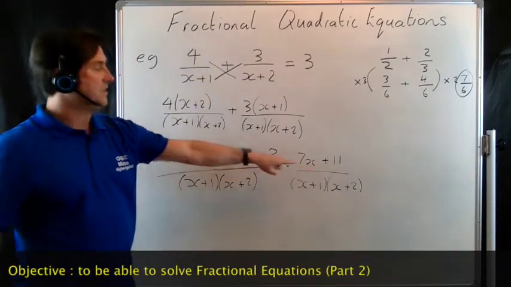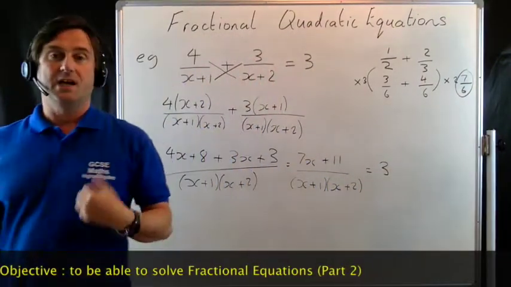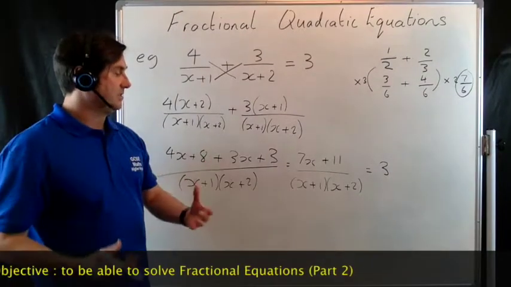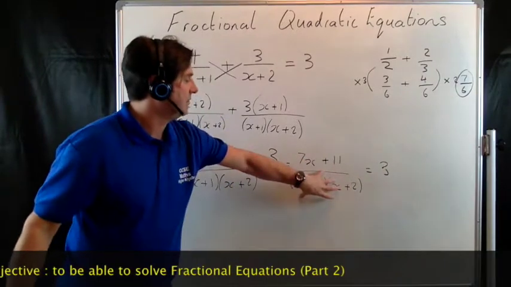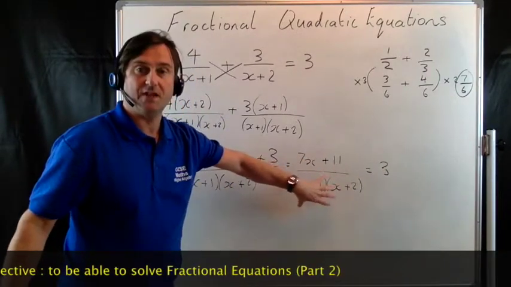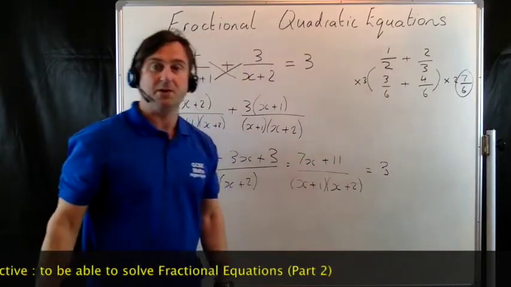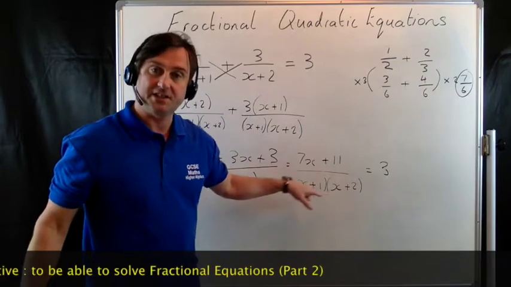Remember, this is equal to 3. Now I'm in the situation where I can multiply this 3 by what's on the bottom of the left-hand side. At this stage, I should multiply these brackets out.